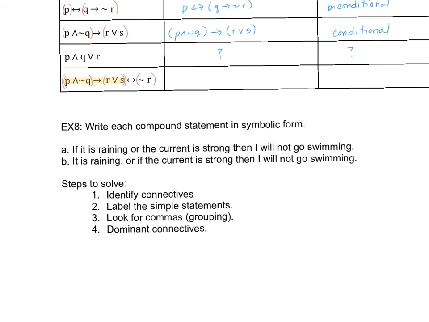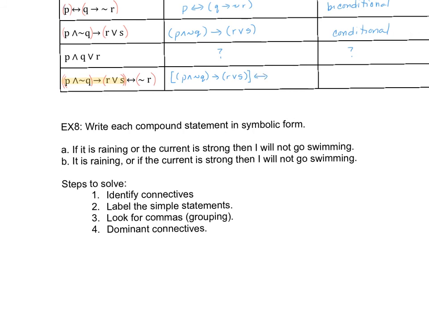So oftentimes if we have parentheses inside parentheses, we'll clarify that by having the innermost be parentheses and the outer be what we call brackets. So I'm going to put a bracket, and I'm going to keep the parentheses around P and not Q, and then parentheses around R or S, and then put in brackets.